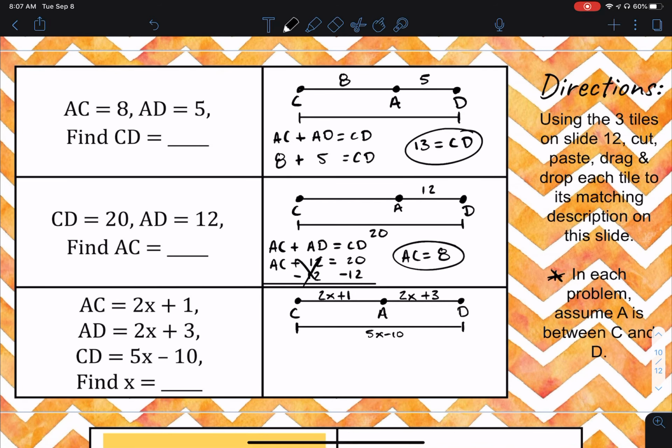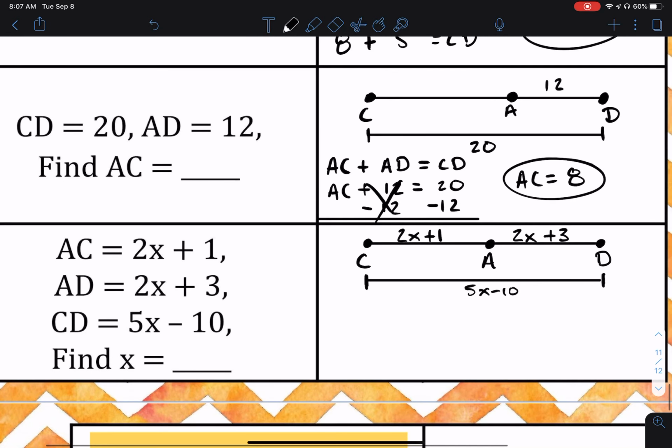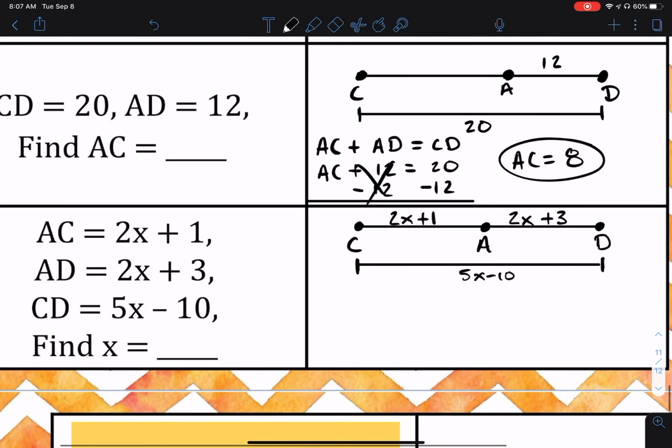Let me zoom in on this for you guys a little bit. I need y'all to really pay attention on this one. So I need to find x on this one. So I do the exact same thing I've been doing, except this time I got to use algebra.